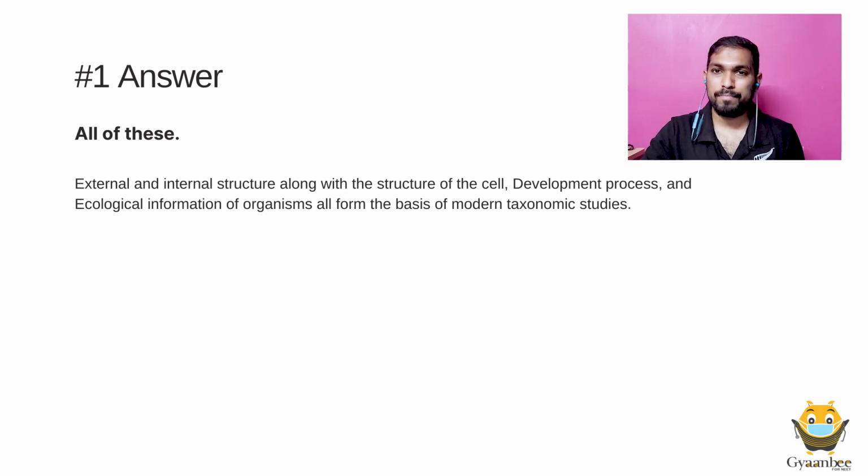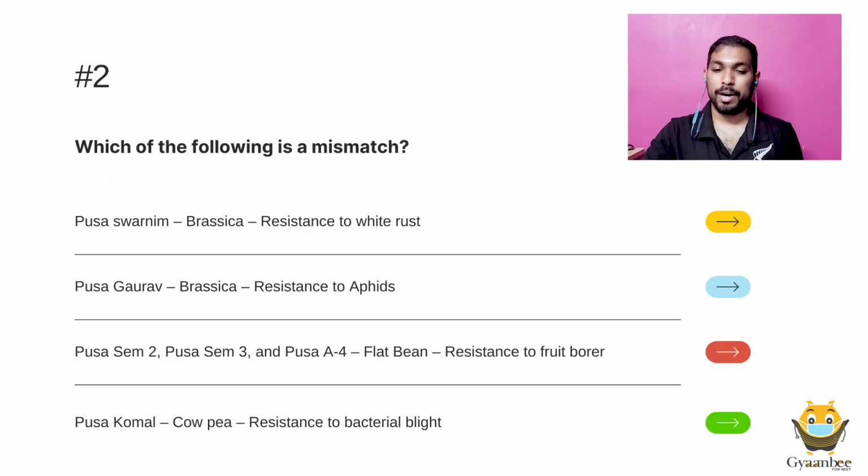Moving on to question number two, the second question that I had in the question paper. The second question is, which of the following is a mismatch out of these four options? One of them is a mismatch. Option number one is Pusa Swarnim, Brassica, resistance to white rust.